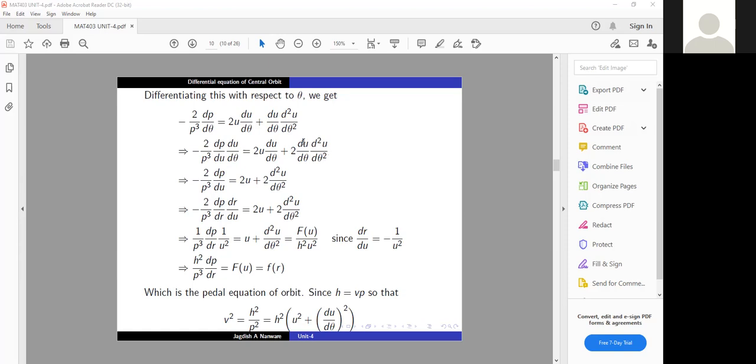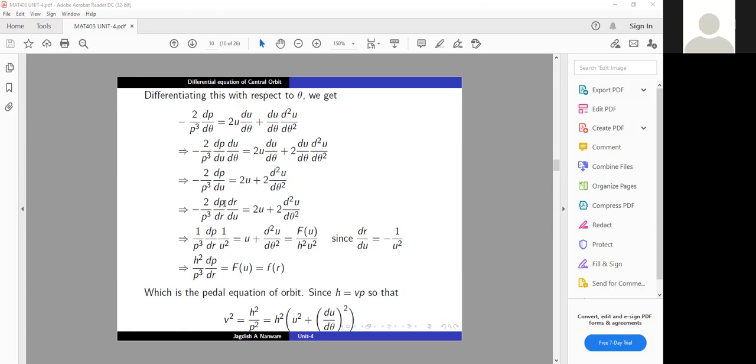Now, if you simplify further, you can take du by d theta common in the right hand side, and as this operator du by d theta is on both the sides, we can cancel it, and we get minus 2 upon p to the power 3 dp upon du is equal to 2u plus 2 into second derivative of u with respect to theta.